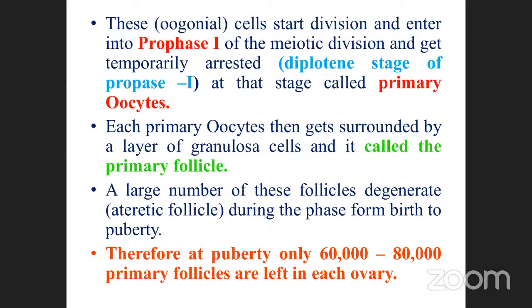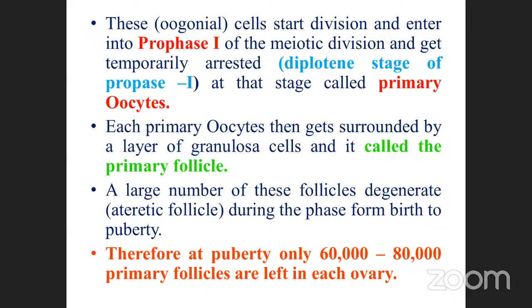At the diplotene stage of prophase 1, the cell is called the primary oocyte. Each primary oocyte then gets surrounded by a layer of granulosa cells, and it is called a primary follicle.